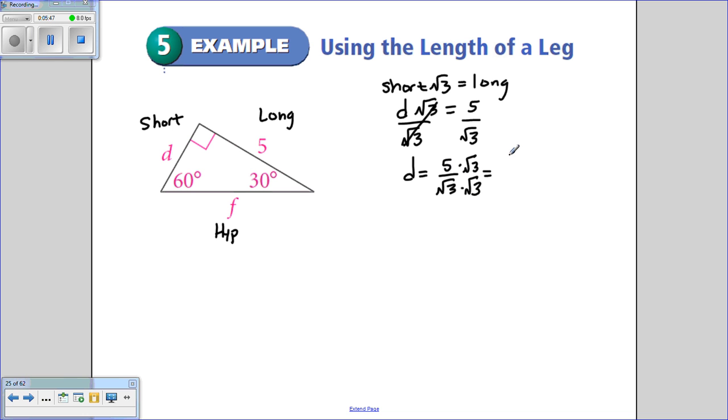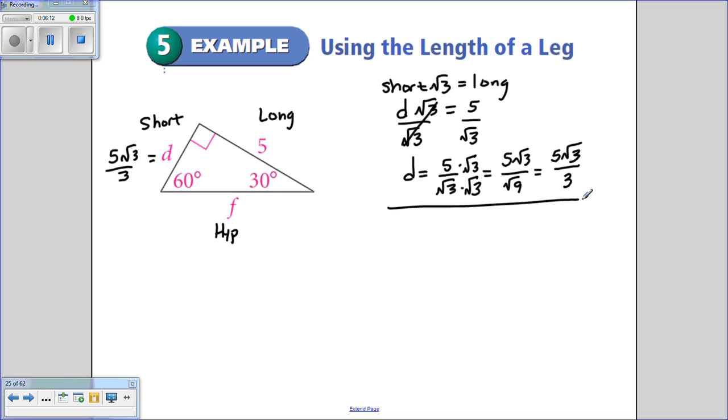So on the top, we now have 5 radical 3 over radical 9. 5 radical 3 is as simple as it can get. Radical 9, that's 3. So our short leg is 5 radical 3 over 3.